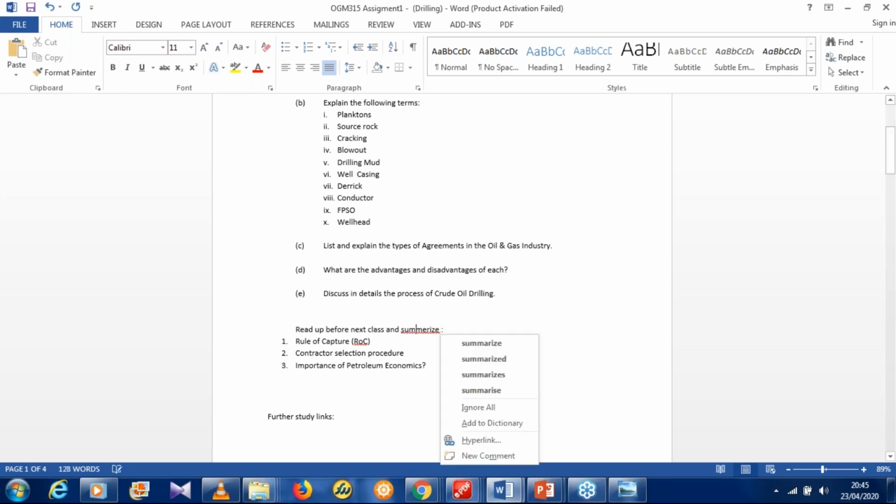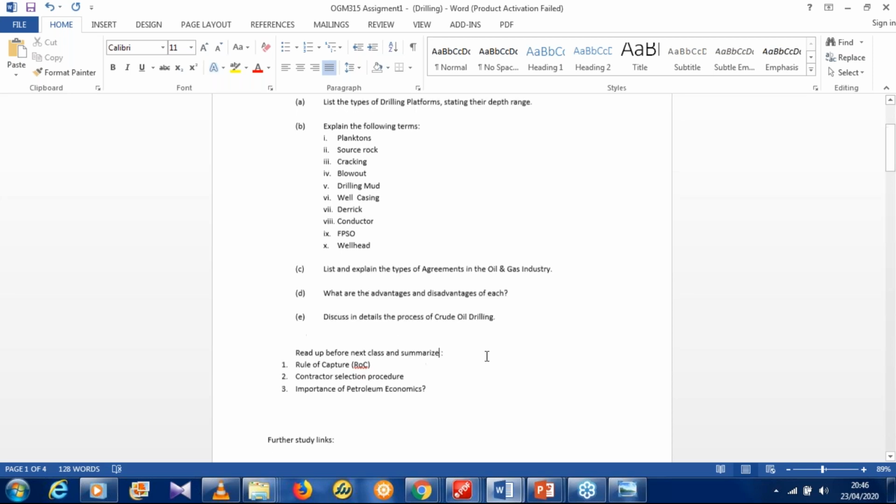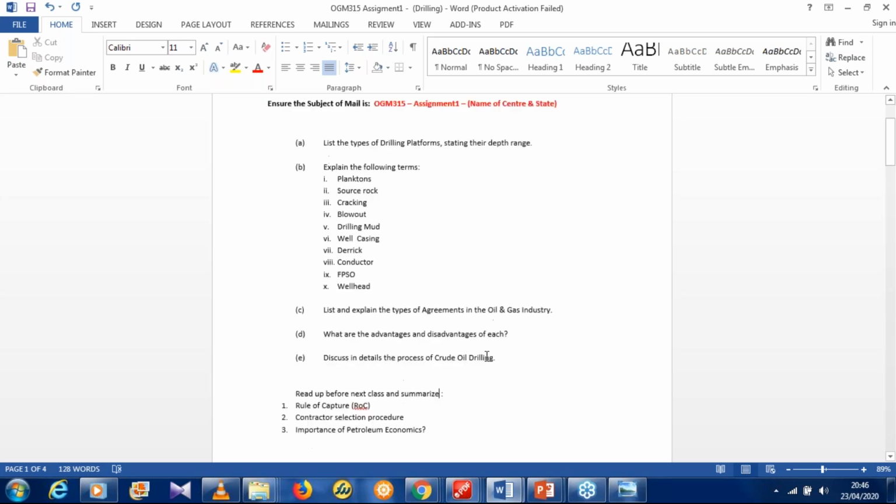We're going to read them up and summarize before the next class: the rule of capture as regards oil and gas, contractor selection procedure, and importance of petroleum economy.